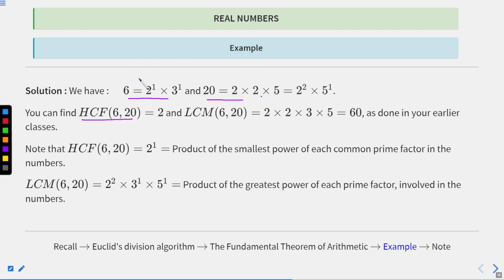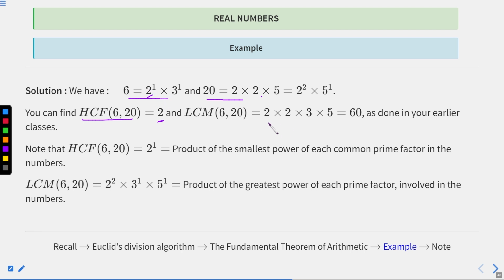Here the common prime factor is 2 in both numbers. So the HCF of 6, 20 is equal to 2, and the LCM of 6, 20 is the product of the highest power of the prime factors in both numbers. Here the highest power of the prime factor 2 is 2.